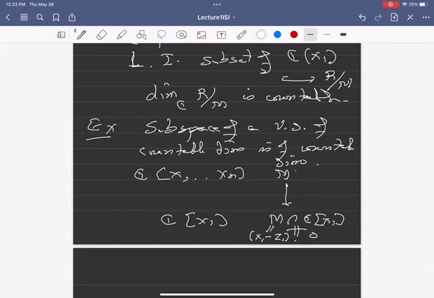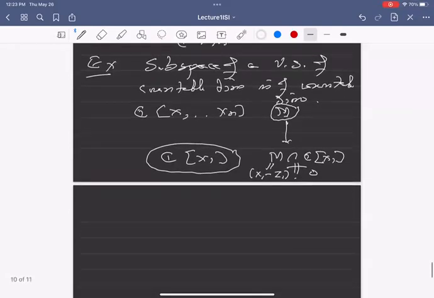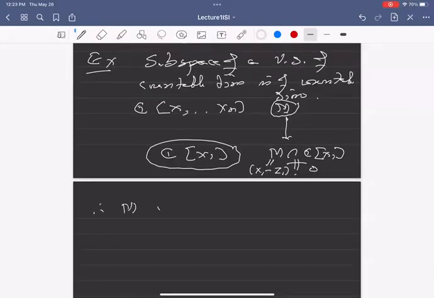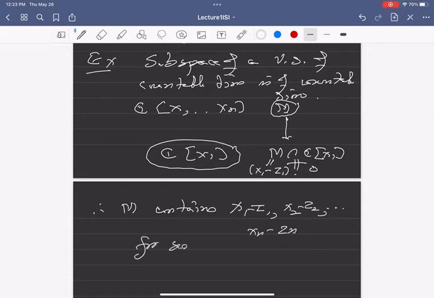So this maximal ideal that we started with contains x1 minus z1. If I replace this by C[x2], I will get a polynomial x2 minus z2 and so on. Therefore, M contains x1 minus z1, x2 minus z2, and xn minus zn for some complex numbers z1 up to zn.